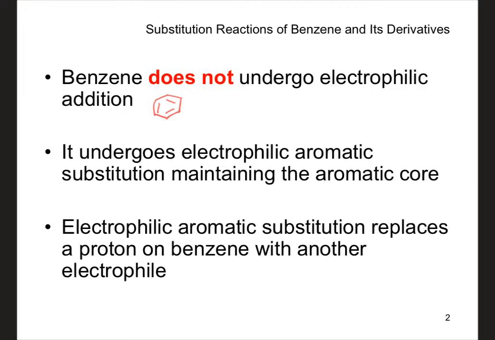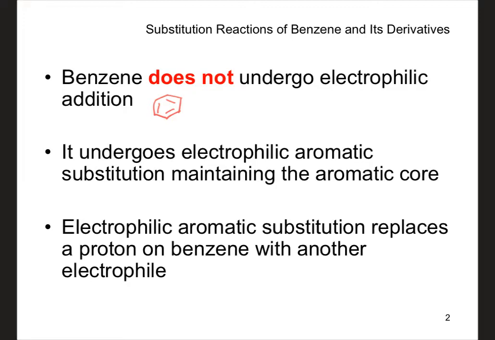It's not going to work as if you had 3 double bonds. On the other hand, it will go through a substitution reaction, and we are going to take a look at how that reaction takes place so that benzene gets to maintain its aromatic core.